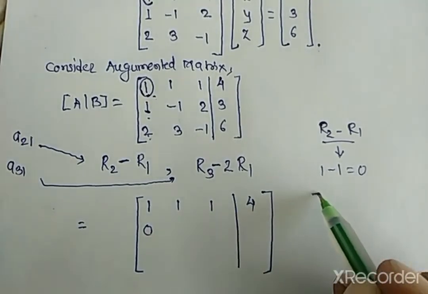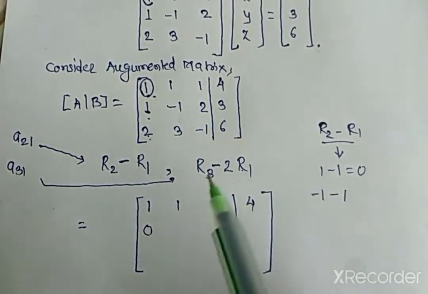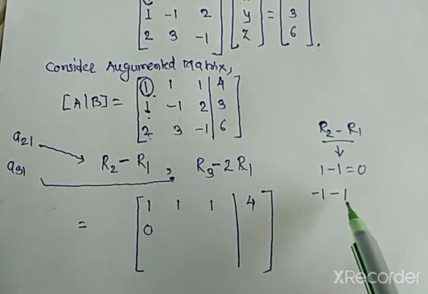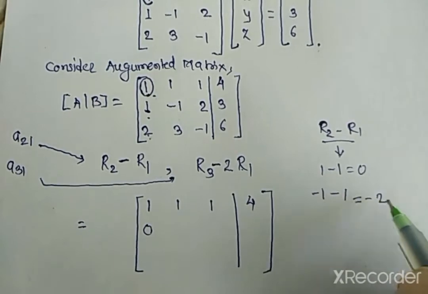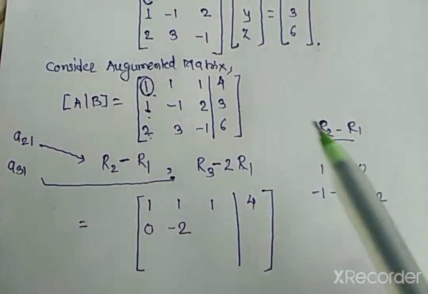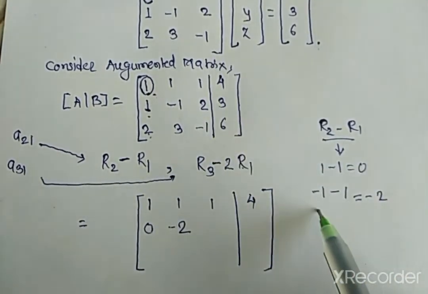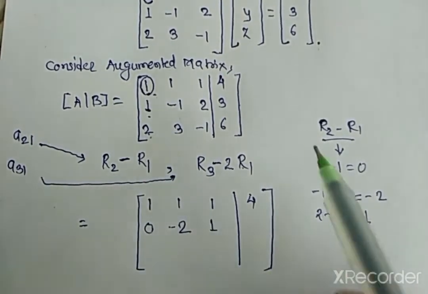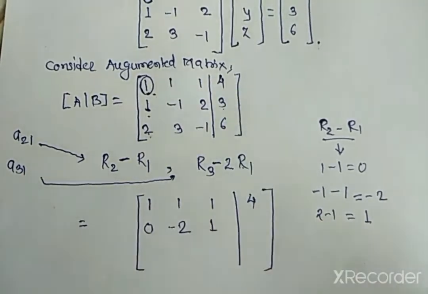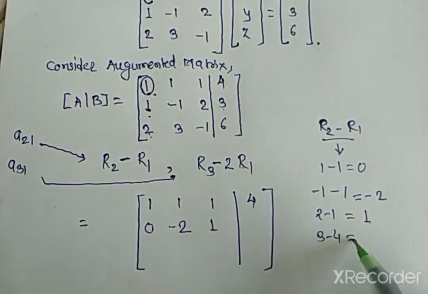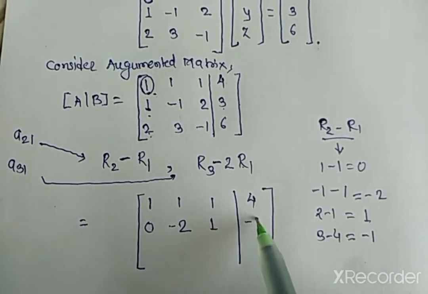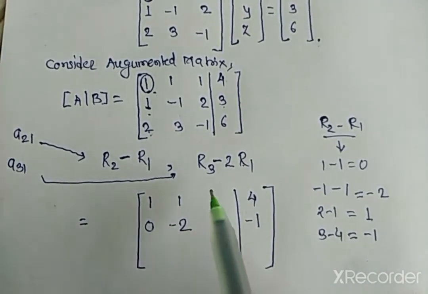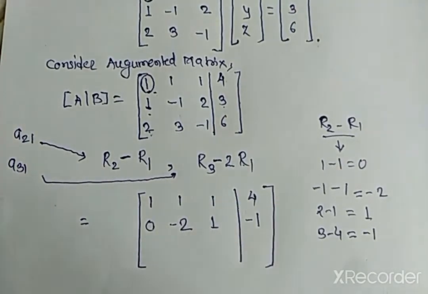Next, minus 1 minus 1: here R2 has minus 1 and R1 has 1, so minus 1 minus 1 is equal to minus 2. Next, 2 minus 1 is equal to 1. Next, 3 minus 4 is equal to minus 1. So our second row is completed. Now for the third row we have a row operation.